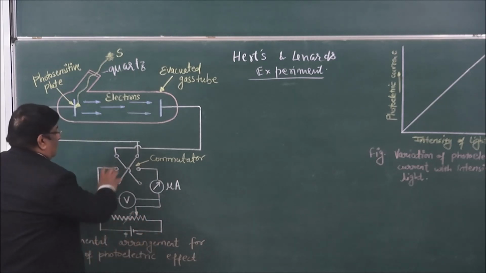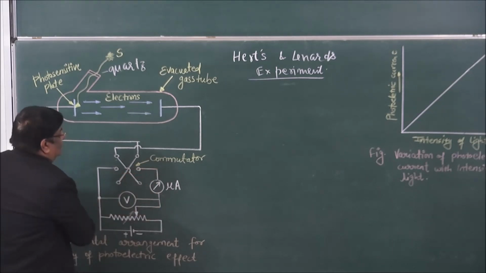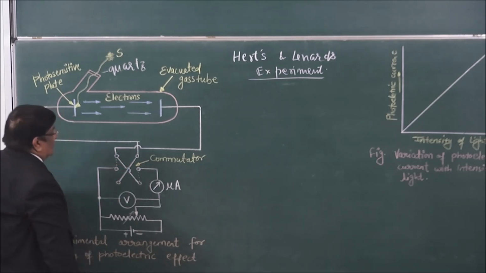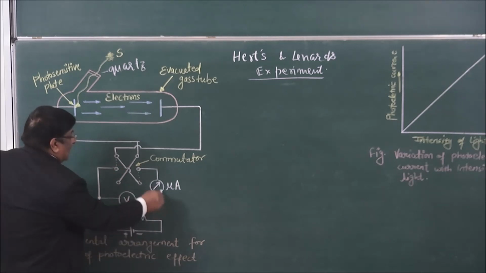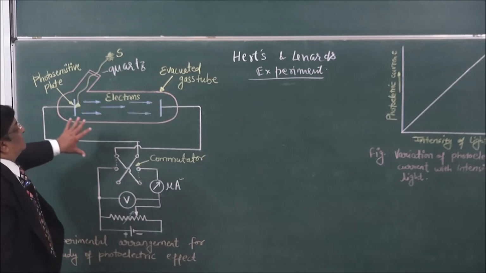This way the commutator can make it either plus or minus. So this is the commutator. Here we find the current and the potential difference between the two. So this is the arrangement done.